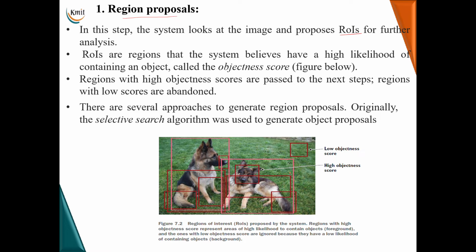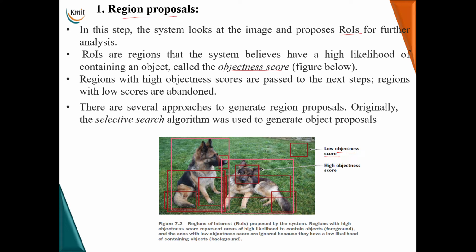This is the region where the model expects that an object is present in that box. Each bounding box is represented by a parameter called objectness score. You can see here all the boxes will have an objectness score. This parameter will tell you the probability of an object being contained in that bounding box.